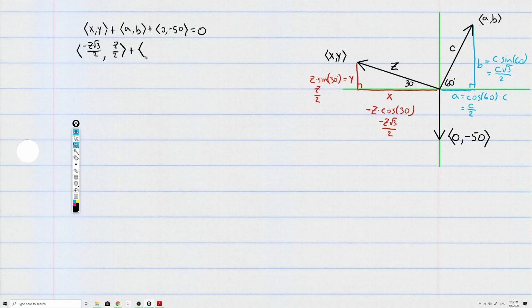All right, so the vector ab, a is c over 2, and then c square root 3 over 2.